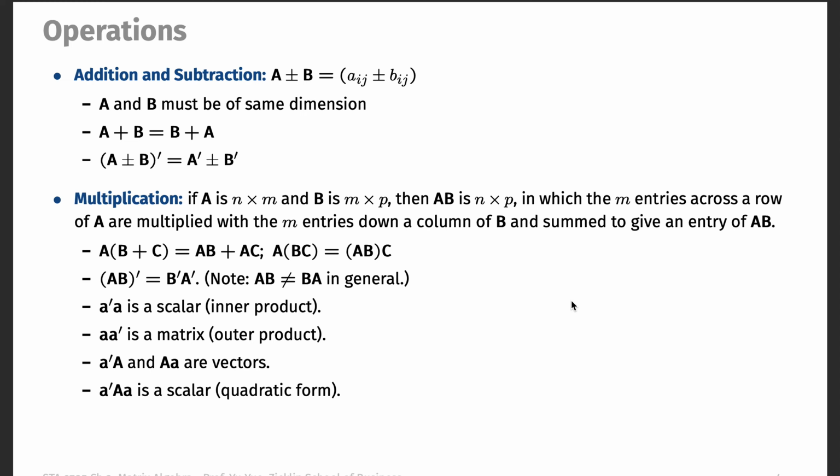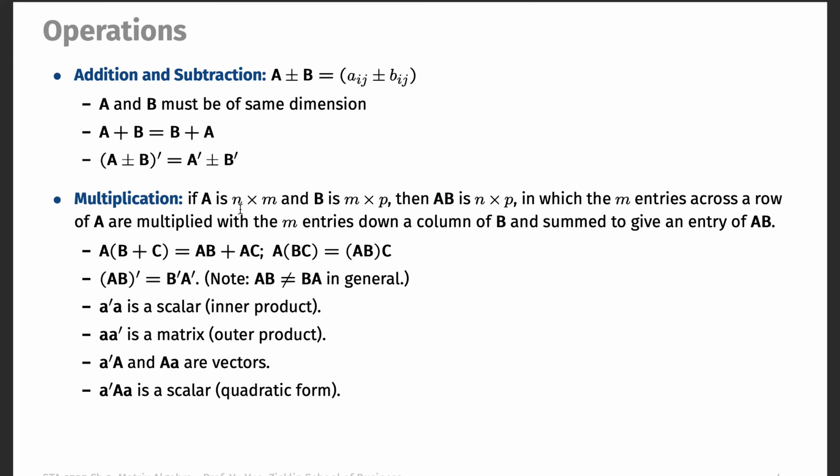In order for the product of two matrices, the product AB, to be defined, the number of columns in A must be the same as the number of rows in B. N is the number of rows, M is the number of columns.